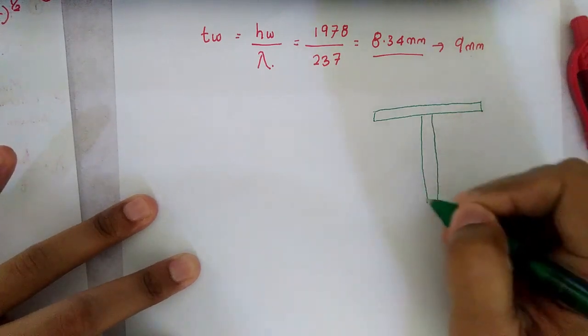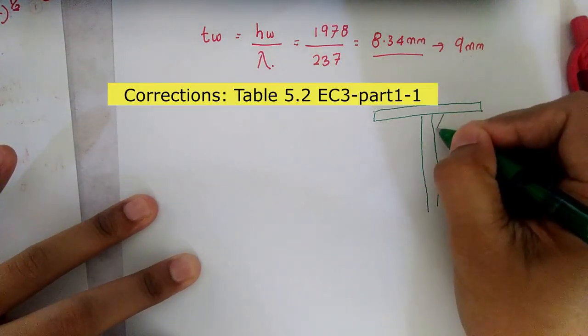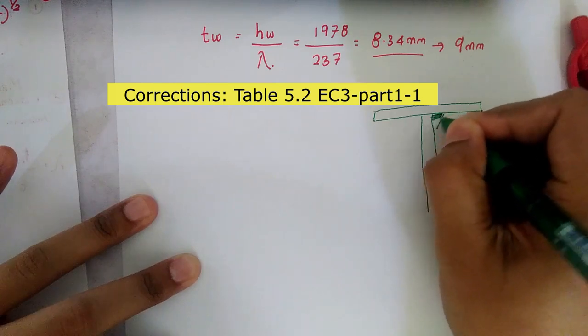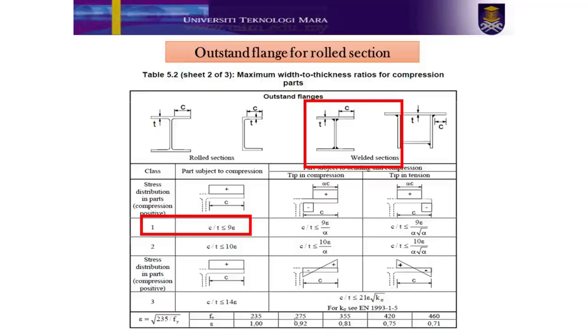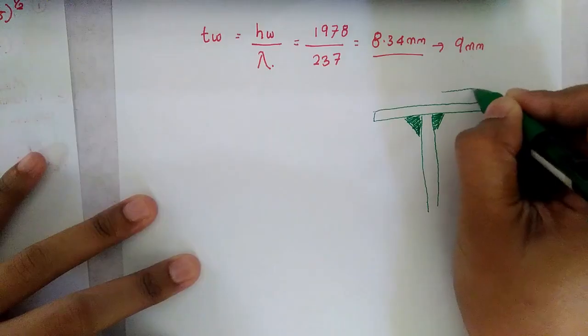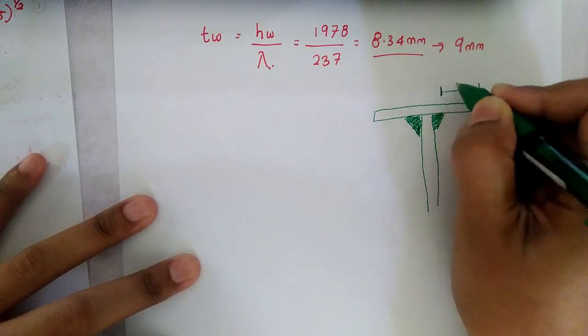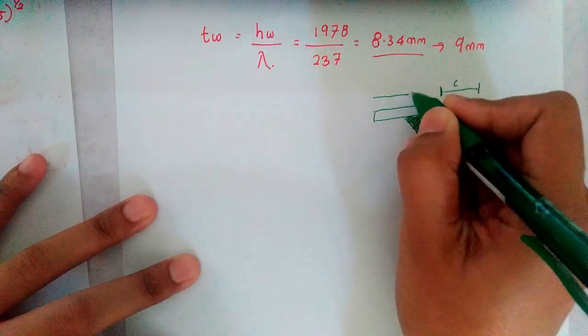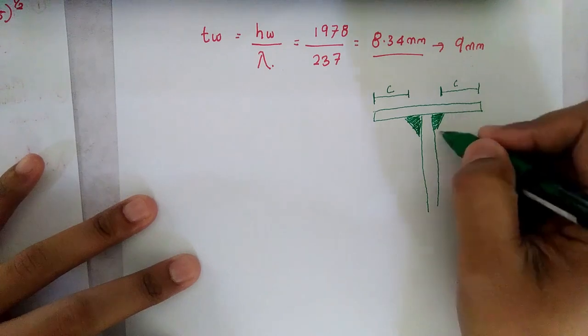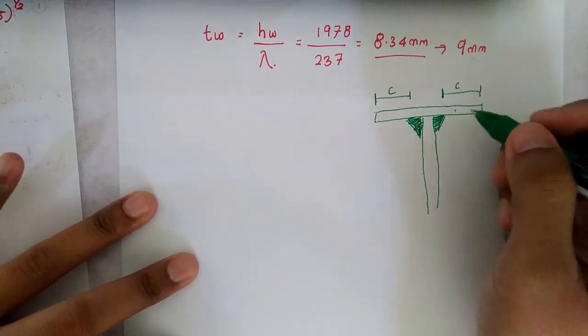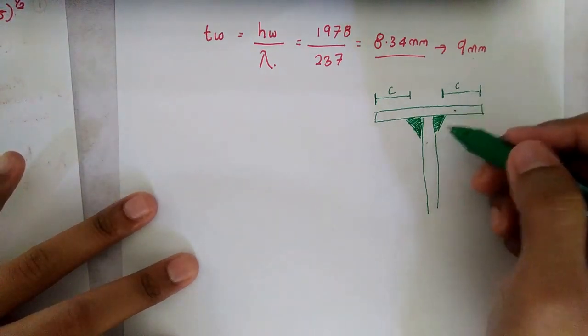If you still remember, in Table 5.1 of EC3, we have two sections: one is for rolled sections and the other one is for welded sections. And in our chapter 1, we calculated the C. Now we are considering the welded section, because the plate girder, as you learned from lecture 1, is separated.